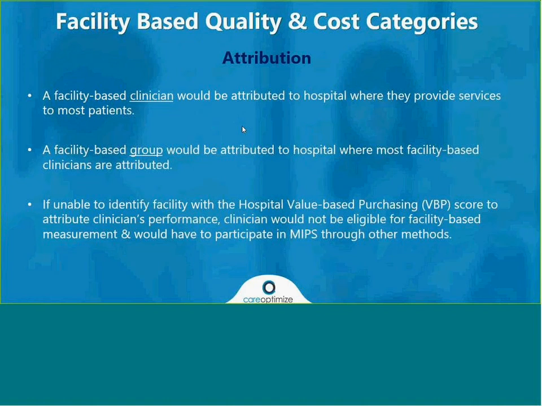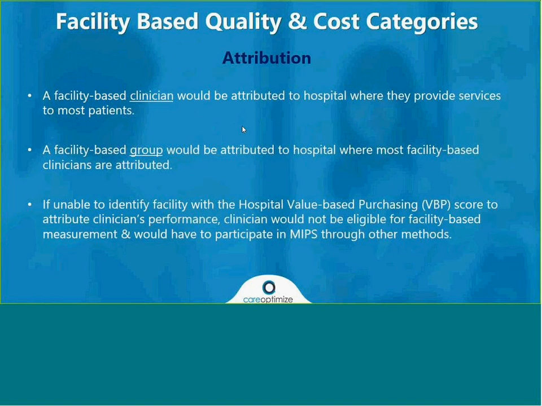So attribution. For the individual clinician, their attribution is based on the hospital where it's provided to the greatest number of their patients. So if they see patients in multiple hospitals, the attribution goes to the hospital where most of their patients are seen.